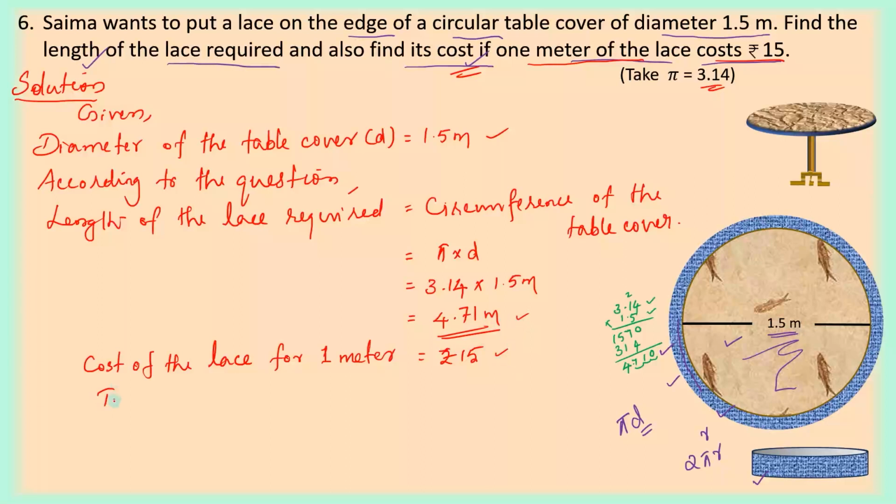Therefore, total cost of the lace, that will be equal to 4.71 into 15, that much rupees. Now let us multiply.